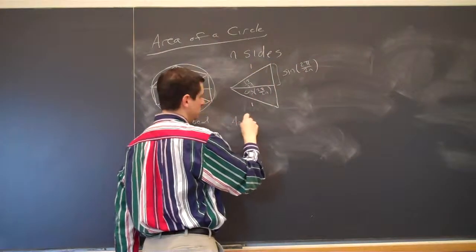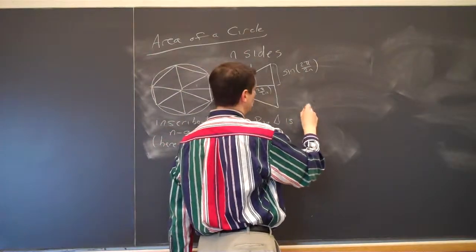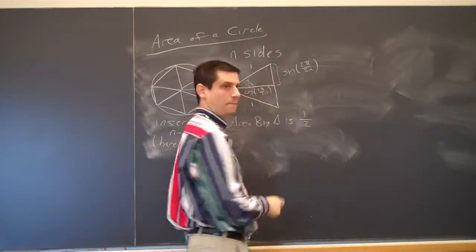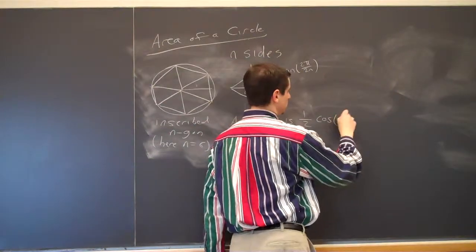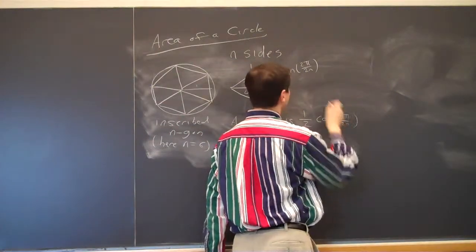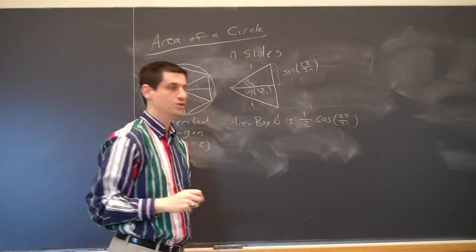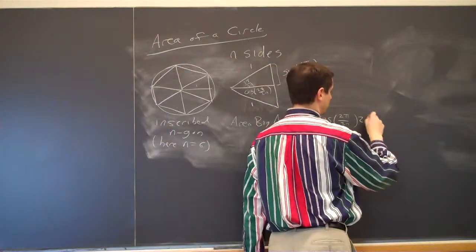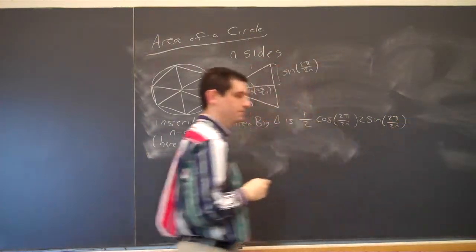So the area of the big triangle is 1/2 the base, cosine of 2 pi over 2n, times the full height, which is 2 sine of 2 pi over 2n.